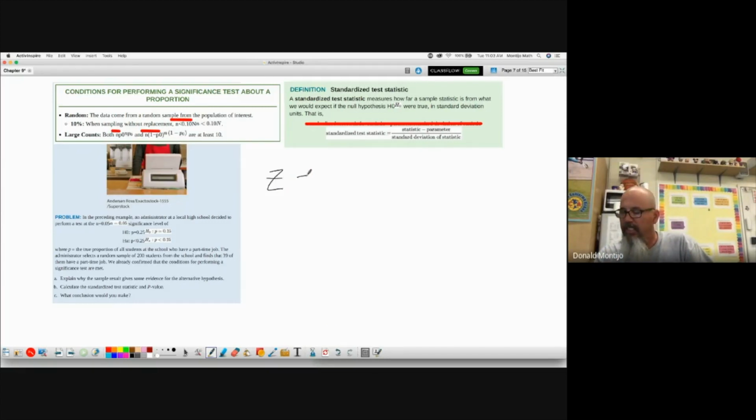Well, z equals the standardized test statistic equals the statistic, in this case p hat, minus the parameter, which is p naught from the null, over the standard deviation of p hat. So that would be the square root of p naught times 1 minus p naught, all over n.